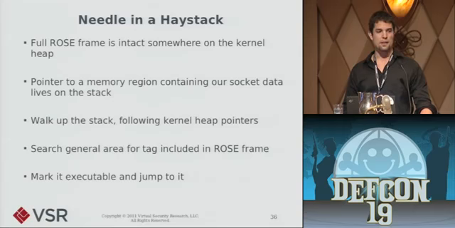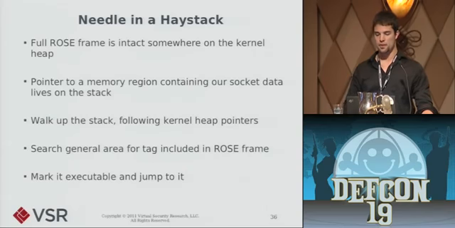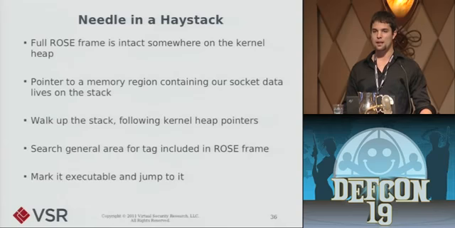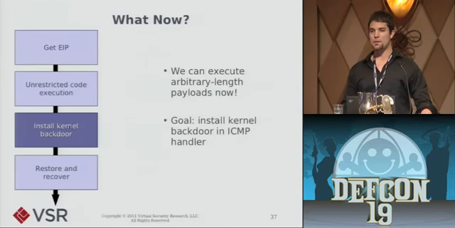So what we can do is, now that we're executing code, all we need to do is walk up the stack, say, is this a kernel pointer? Yes, no, just heuristically. And if it is, you can follow it and look around in memory, and we'll put a tag in our rows frame so that we can find it. And then we'll eventually just find our rows frame on the kernel heap. We'll mark it executable just by calling setMemoryX and then jump into it. So now we've overcome our space constraint. We can execute arbitrary length payloads running in kernel mode right now.